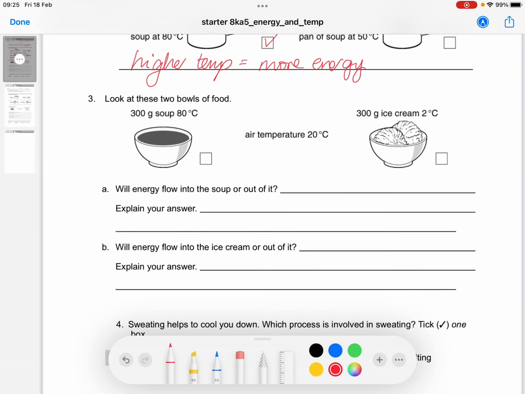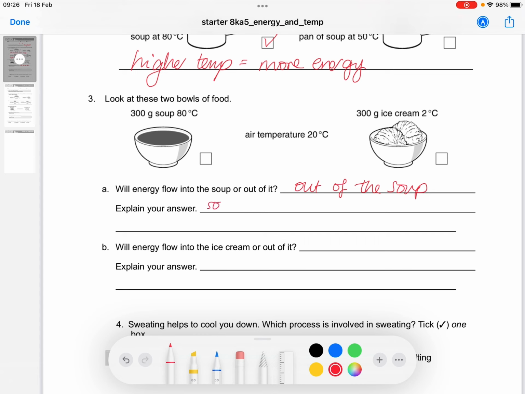So, next one, look at these two bowls of food. You've got 300 grams of soup at 80 degrees, the air temperature is 20, and then you've got 300 grams of ice cream at 2 degrees. The questions ask, will energy flow into the soup or out of it? It will flow out of the soup. Why? Because it does say explain your answer.